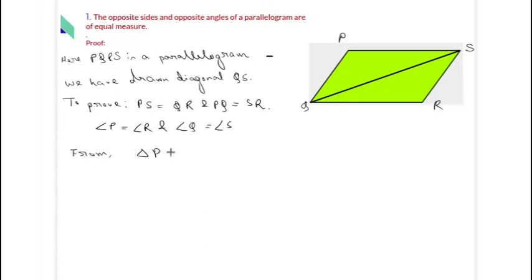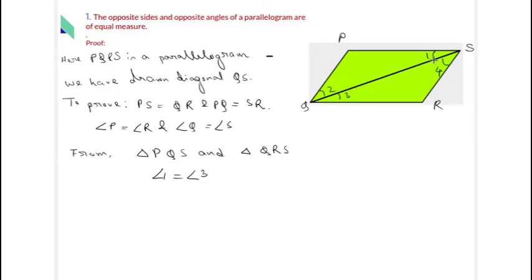Okay, now from triangle PQS and triangle QRS, what will we get? Okay, before that we will name the angles. Say 1, 2, this is 3 and this is 4. Now from triangle PQS and QRS we will get angle 1 is equal to angle 3.